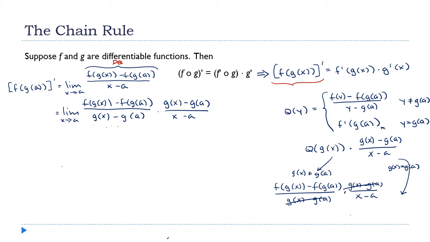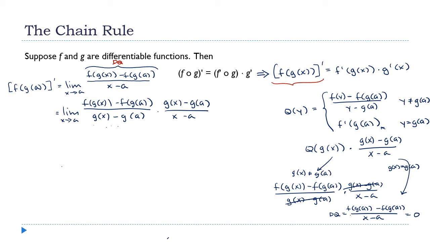The difference quotient equals f of g of a minus f of g of a over x minus a, which is 0.